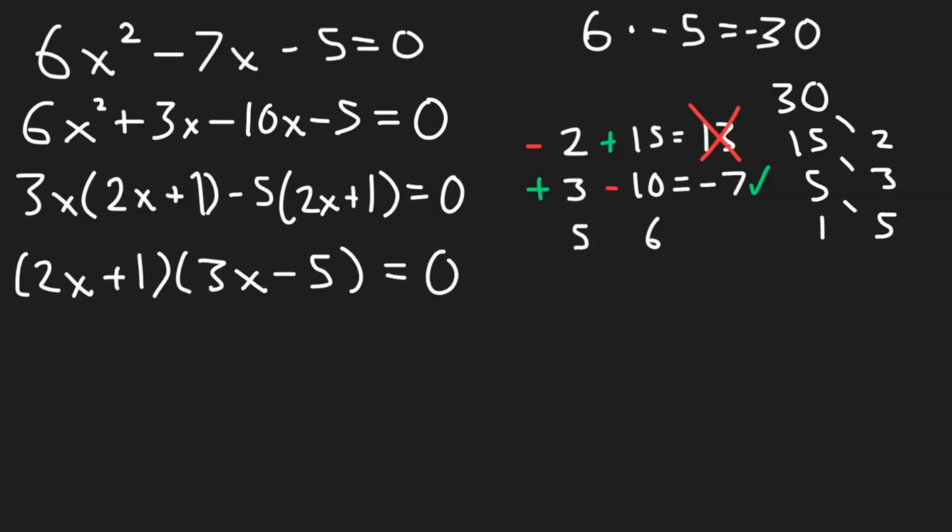Finally, we have factorized the quadratic into 2x plus 1, and 3x minus 5 equals 0.